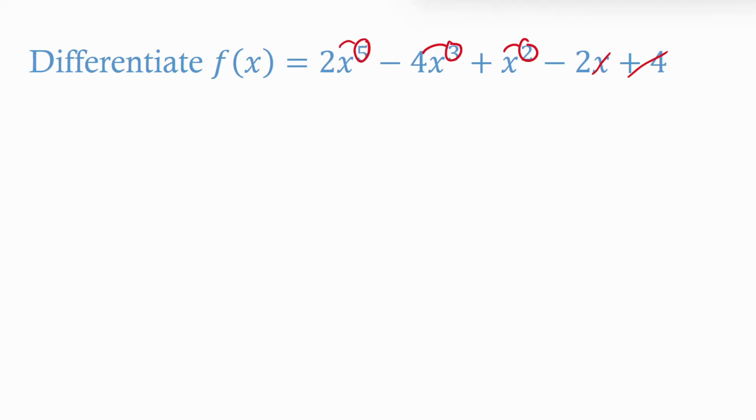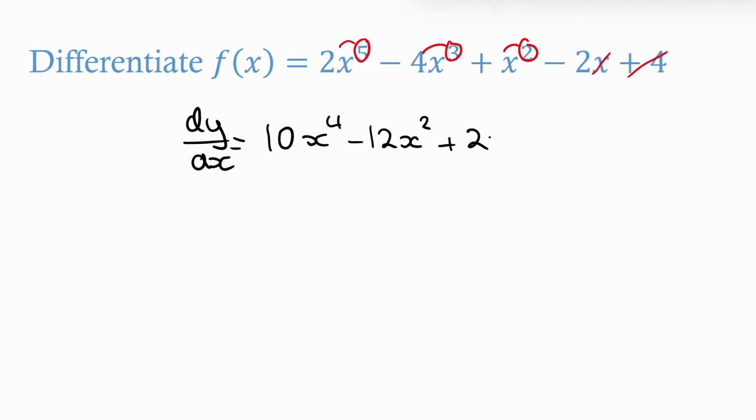This time I'm going to write it the other way we could write it: dy over dx equals. I'm just going to write the whole answer. We get 2 times 5, which is 10x, and then 5 take away 1 is 4. 4 times 3 is 12x, take away 1 is 2. We get 2 out the front now, 2x, and then minus 2.